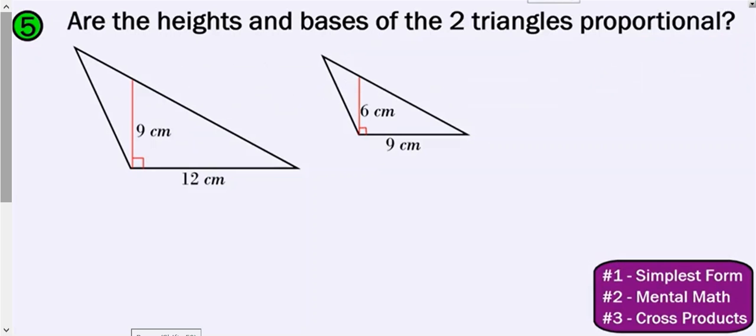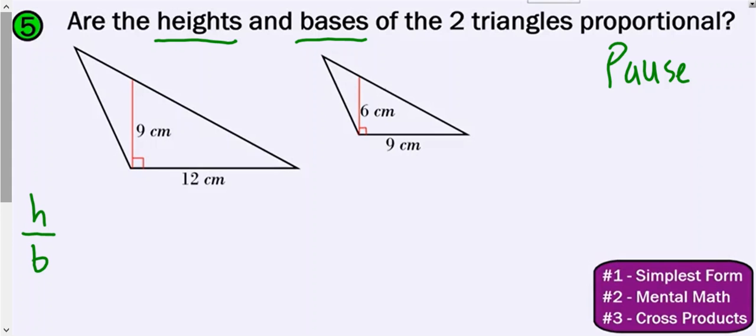All right, are the heights and bases of the two triangles proportional? First, I want you to pause right now and draw these triangles with their measurements, and then come back and work through the problem with me. We're trying to figure out if the heights and the bases of the two triangles are proportional. Height is mentioned first, and then base. So in our fractions, the height is going to be on top, and the base on the bottom. So we have 9 over 12, and we're trying to figure out if it's equal to 6 over 9.